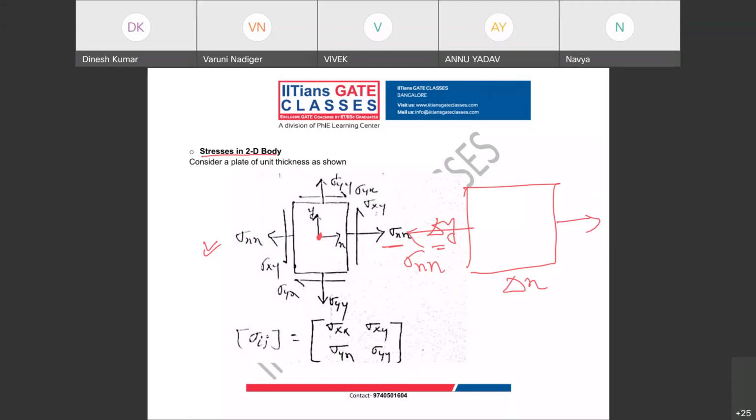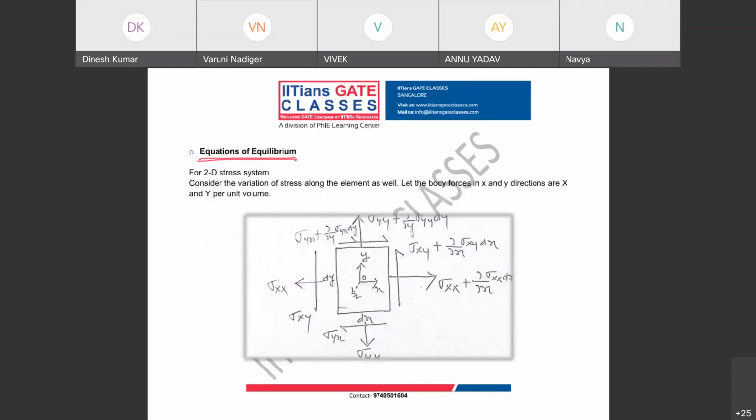If you have an element of finite length in a body, will your stresses be the same everywhere? No, sir. Exactly, no. So we can write a variation of stresses using Taylor series expansion. Suppose I have an element of length dx and dy.